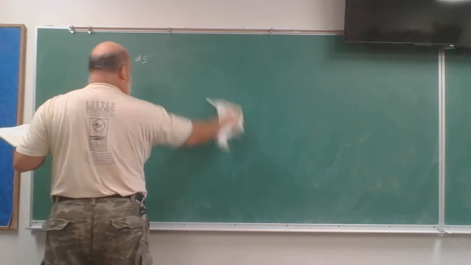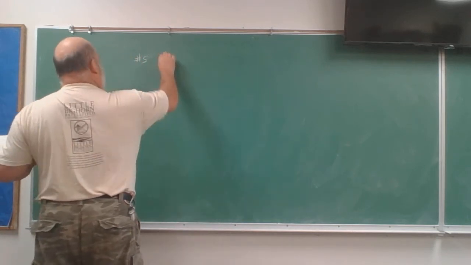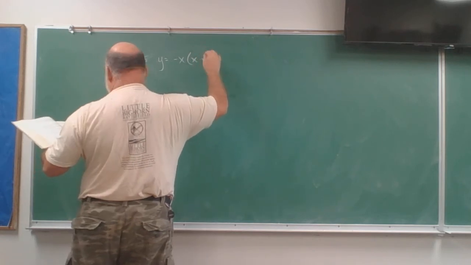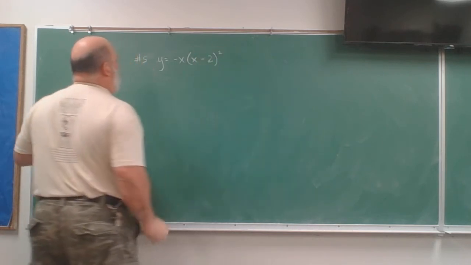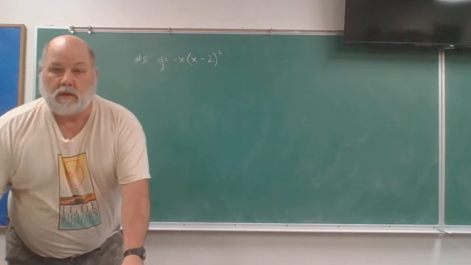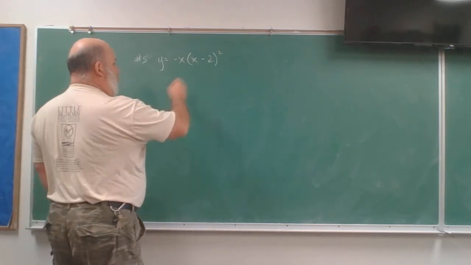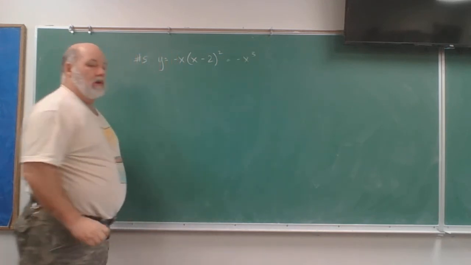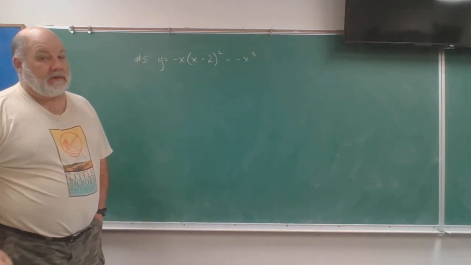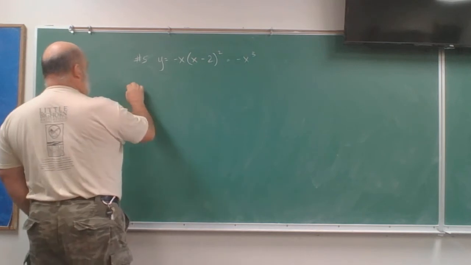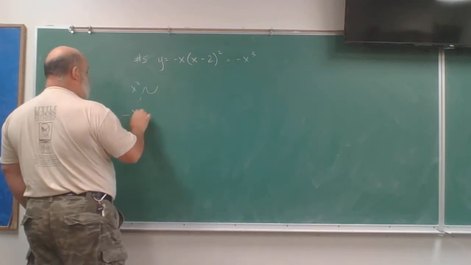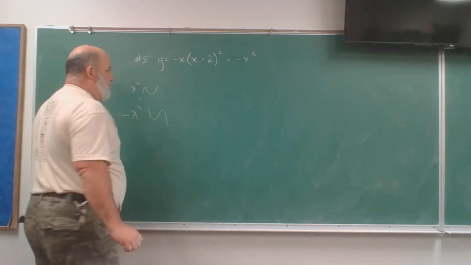Y equals negative x times x minus 2 quantity squared. Okay? So if we were to multiply this out, our very first term would be negative x cubed. So here is positive x cubed. Negative x cubed looks like this.